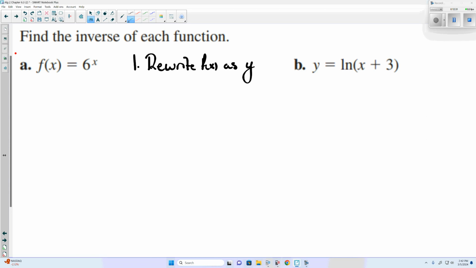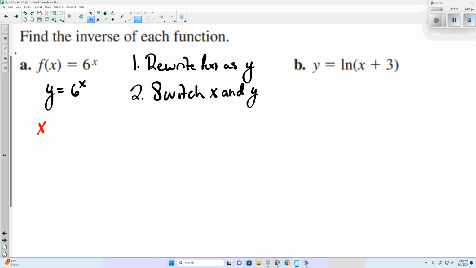Now for this here, our first step is to rewrite it as y equals 6x. Step 2. Switch x and y. So if we switched x and y, we would have x equals 6 to the y.